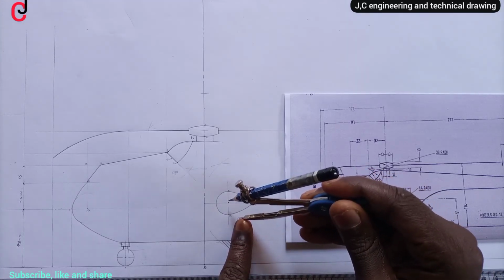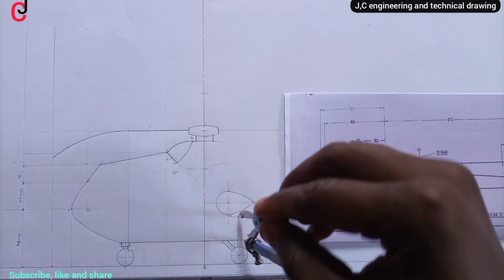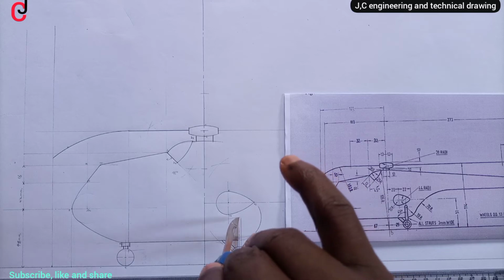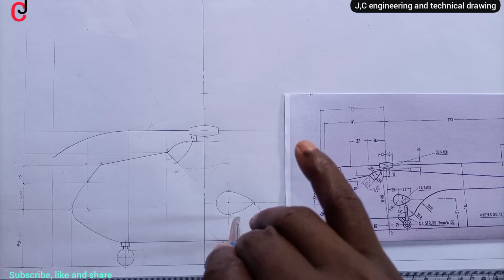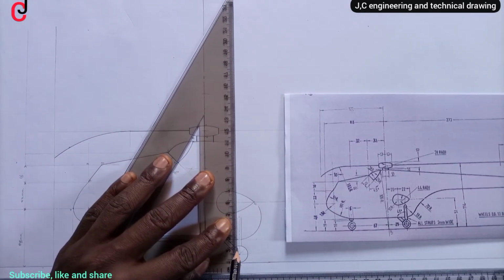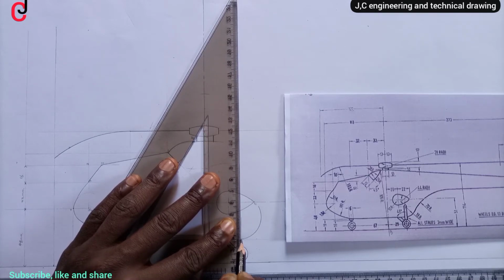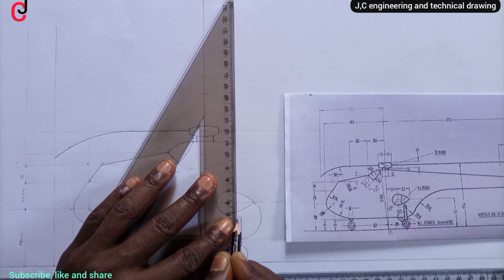Now place a compass pin at our point, stay on 19 millimeter radius, draw a curve looking like a circle, not a full circle, just an arc here, and then we are free to outline this portion here, and then this upward. Once it has reached 19, we stop.